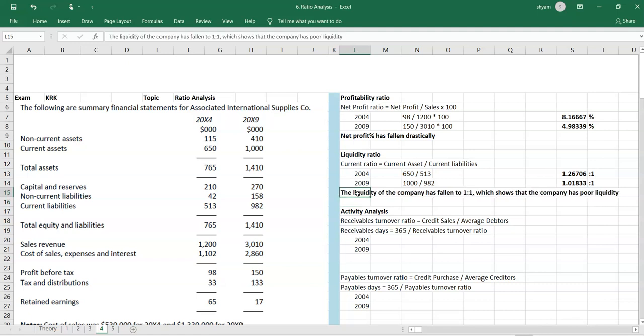Okay, so the company seems to be having a poor liquidity position, so that is really bad.